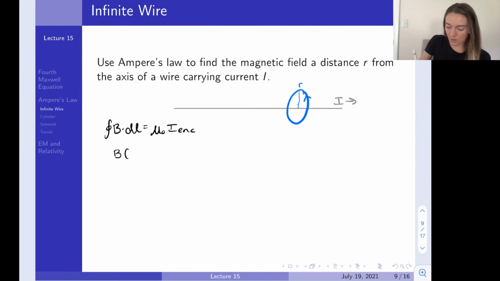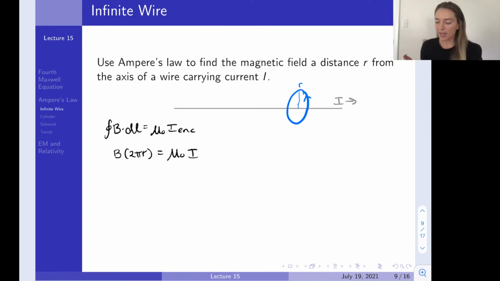So I can write B times 2 pi r is equal to mu naught, and the enclosed current is just I. The reason I could do that is because if I center my Amperian loop at a radius r from my wire, the magnetic field is going to be constant over that loop, because the magnetic field can only depend on the distance from the wire. If I'm at some fixed distance, little r, my magnetic field will be constant over that integral.